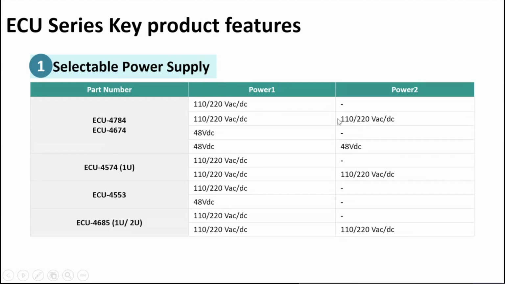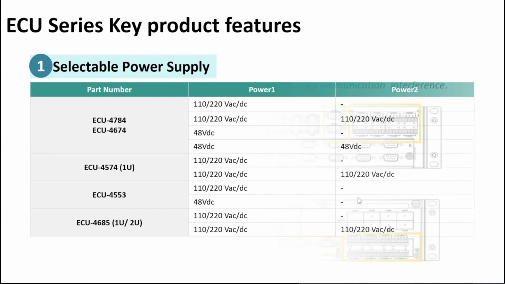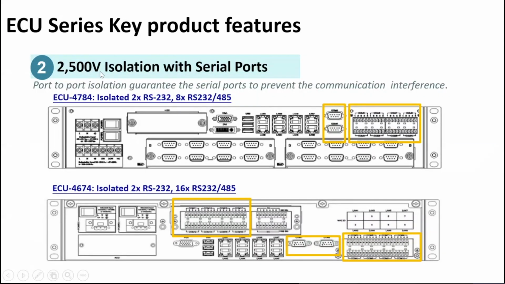You can have a 110 or 220 VAC or DC, or you can have a 48-volt DC option. Okay, and second, we also have 2.5 kilovolt isolation with our serial port.